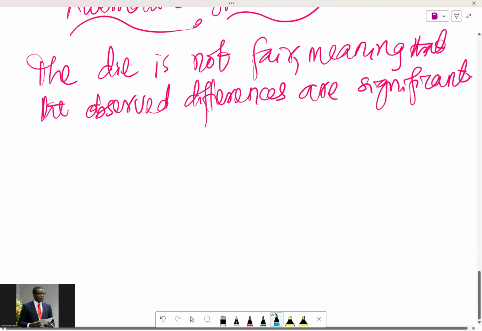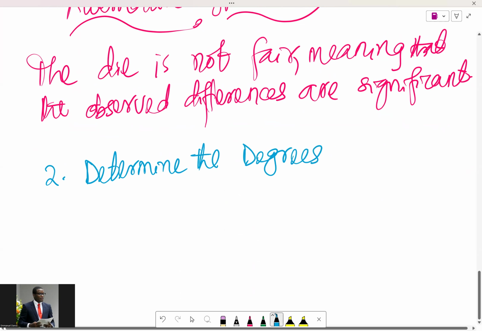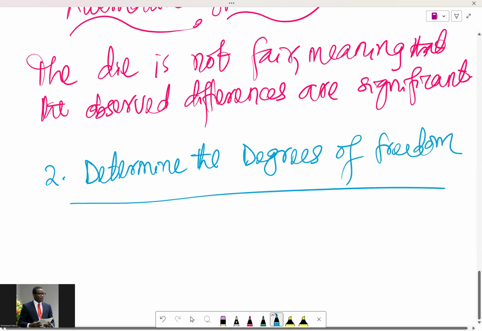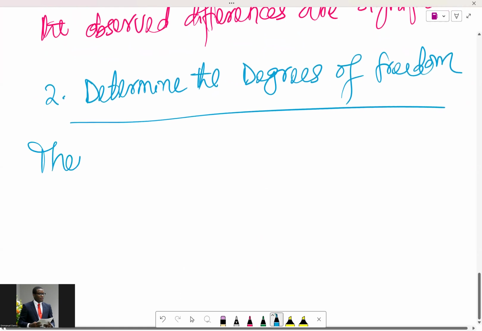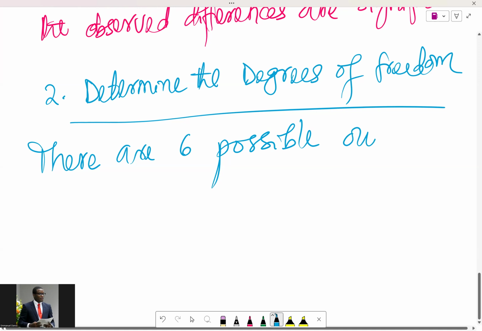Now we go ahead to talk about the degrees of freedom. To determine the degrees of freedom: there are 6 possible outcomes, 6 faces.